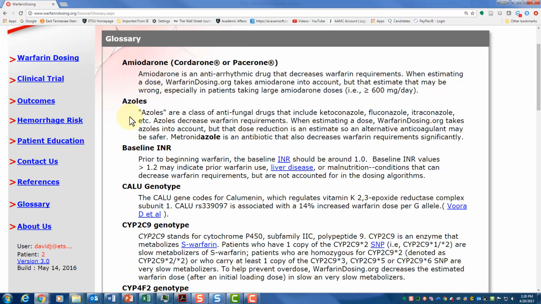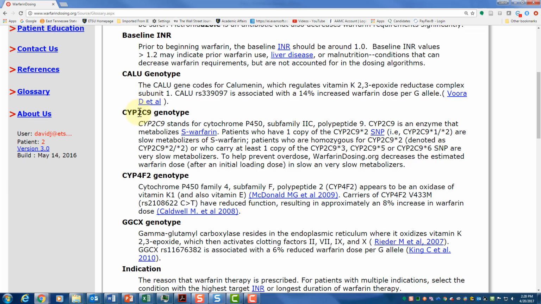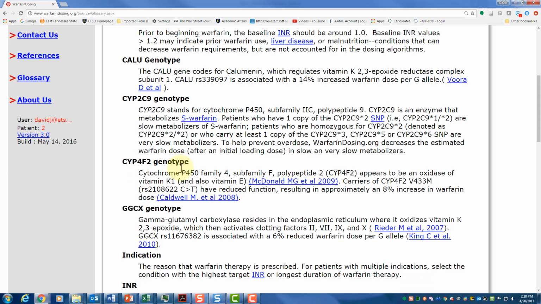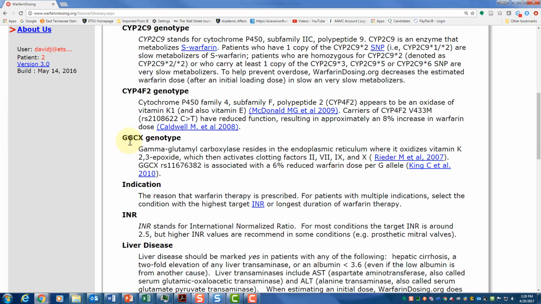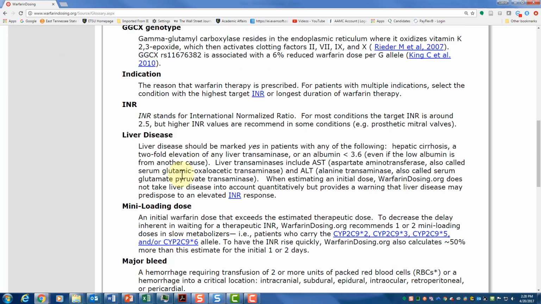glossary telling you about the various drugs that it considers, about the cytochrome 2C9, about the cytochrome 4F2 genotype, the GGCX genotype, which is the gamma-glutamyl carboxylase, which is the enzyme that actually puts the extra carboxyl group onto prothrombin and other clotting factors.